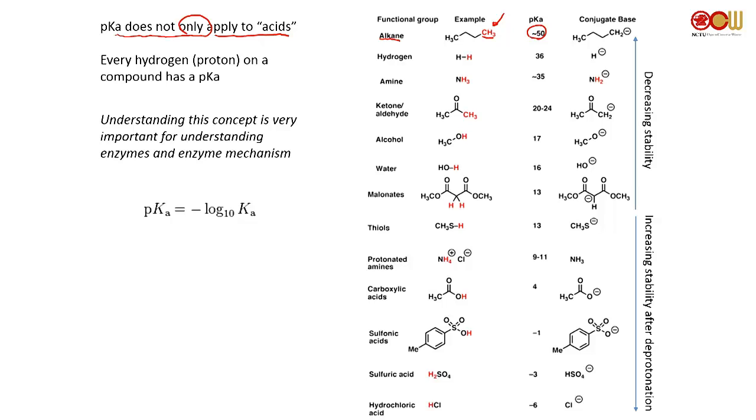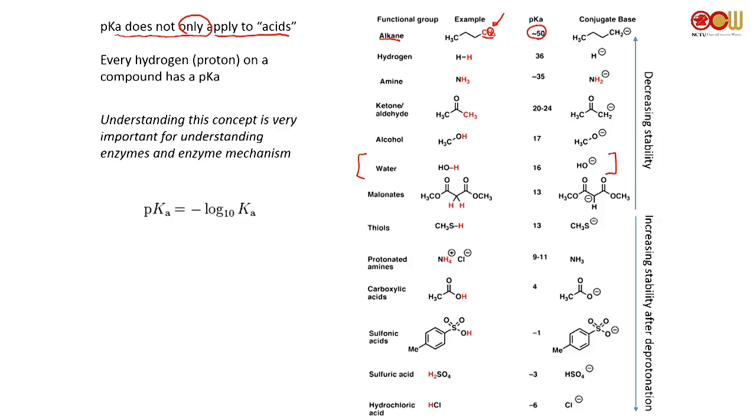So the question you should have is, wait a minute, is 50 a large number or a small number? The way we judge whether it's large or small is you just compare it to water. Here's water. Water has a pKa of 16. That means that in order to have your alkane hydrogen lost, it's actually very difficult using water to take that proton.